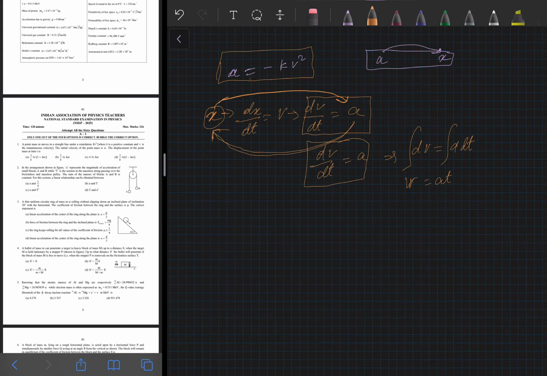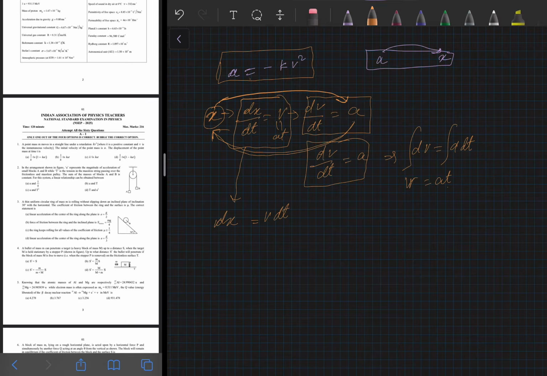Now to get displacement, dx equals v dt.